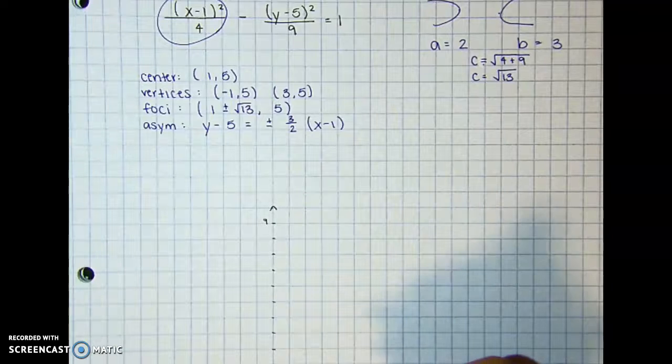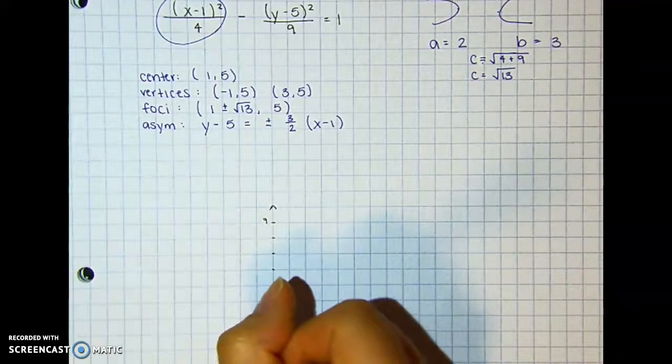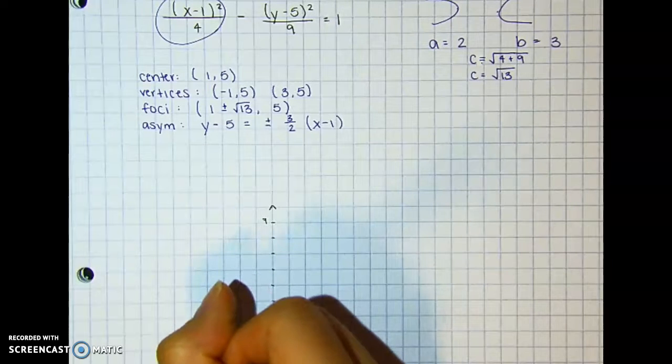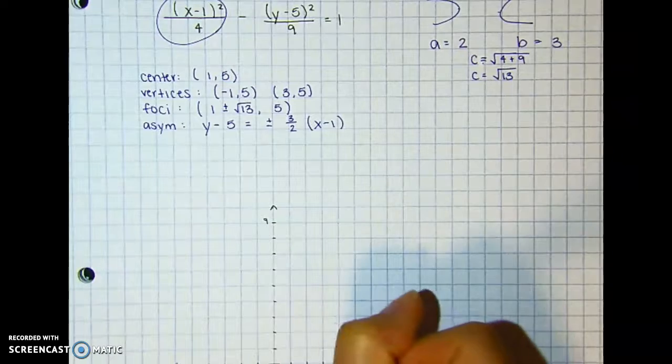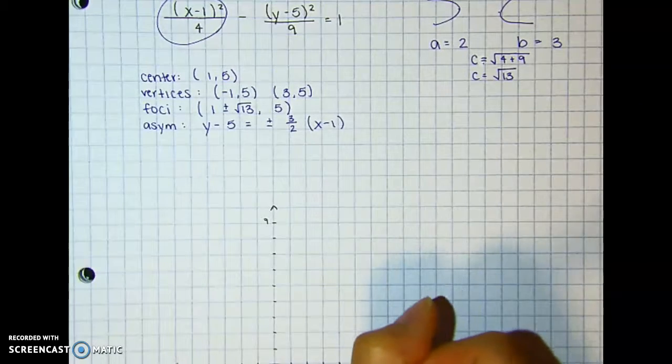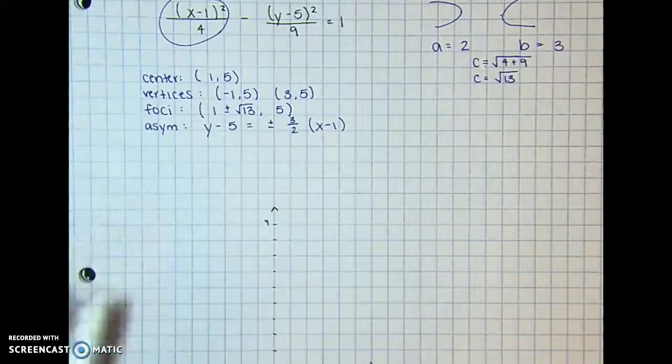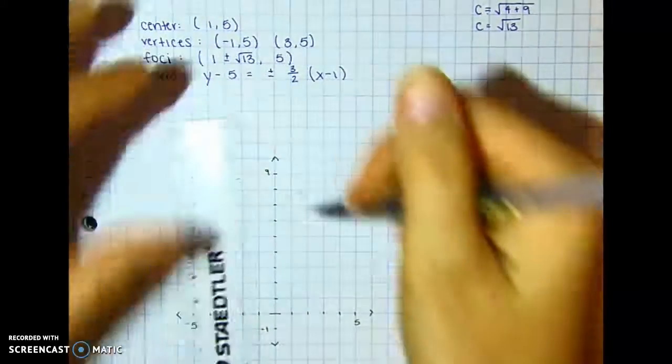And then on the x-axis, I'm going to go to 5, negative 5. Okay, so here's my coordinate plane.